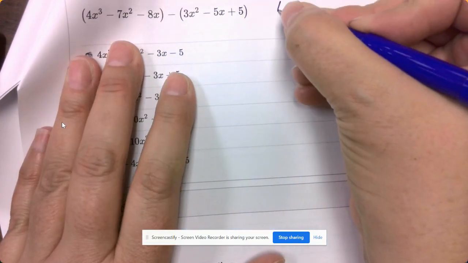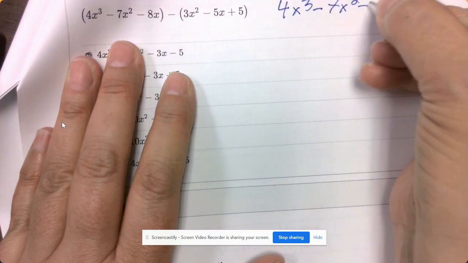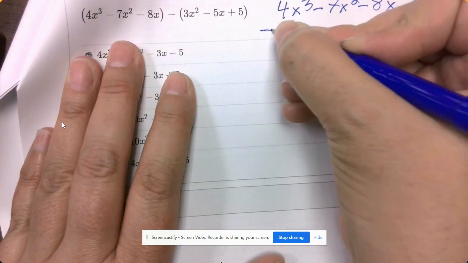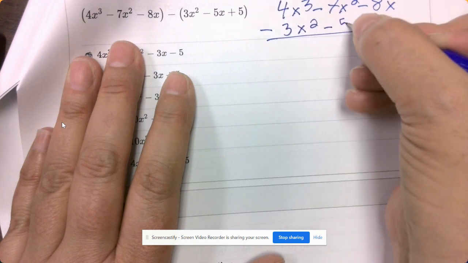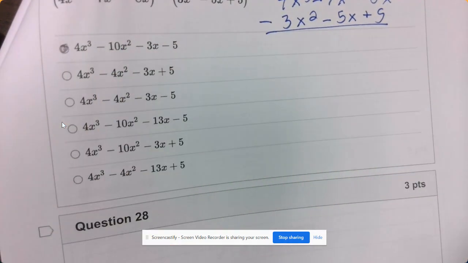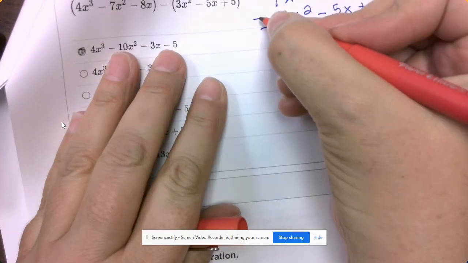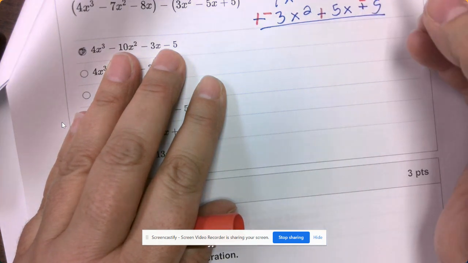Okay, this one we need to subtract. So we're going to do 4x cubed minus 7x squared minus 8x minus 3x squared minus 5x plus 5. We're going to do keep change. So we change everything in here, and then we're going to combine like terms.